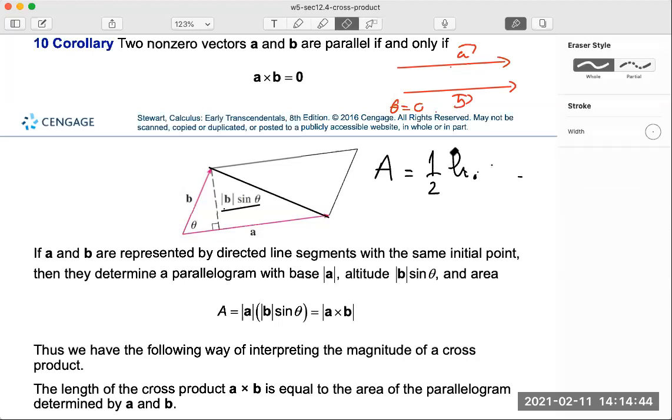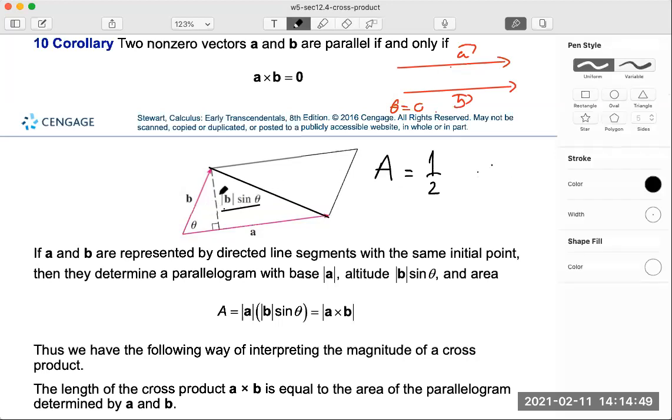The area of this triangle will be 1/2 of the absolute value of vector B times sine theta, times the magnitude of the vector A here, right?